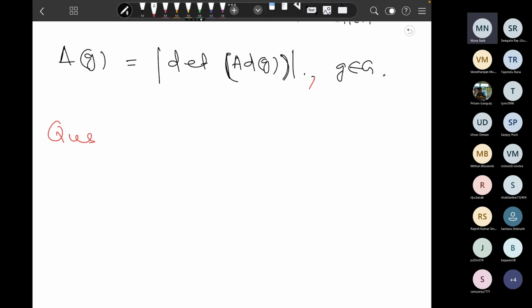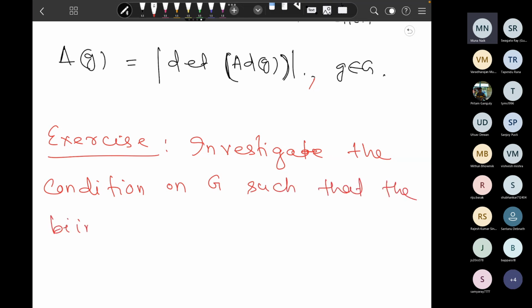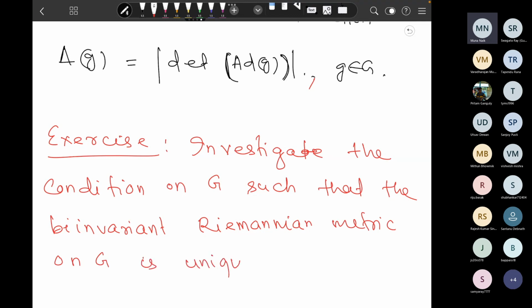Investigate, so I am putting it as an exercise, with the condition on G so that the bi-invariant Riemannian metric on G is unique up to a scalar multiple.